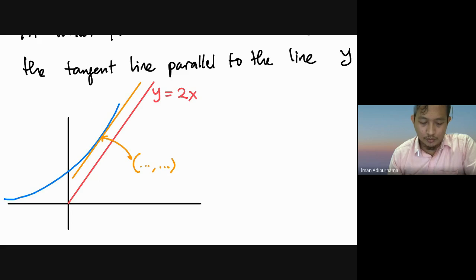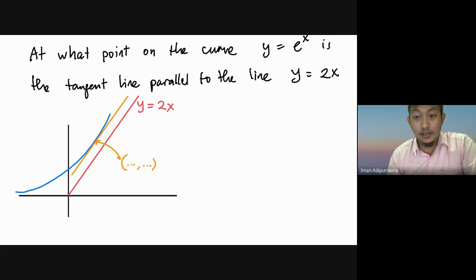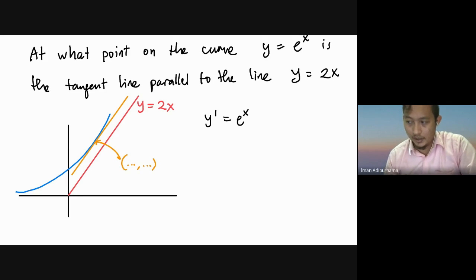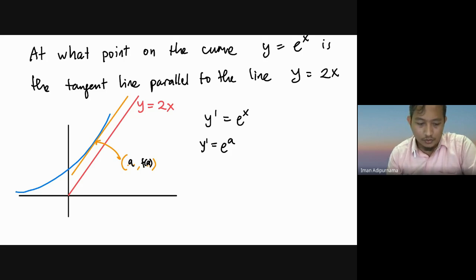Of course, if you remember, the tangent line is basically the derivative. So the derivative of e to the x is just e to the x. Let this point be a, so the slope at a, f prime of a, is e to the a.